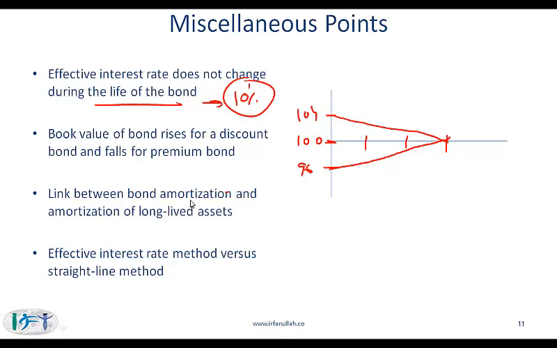There is actually a similarity. What is the similarity? A lot of people don't think about it, but I will help you through this. What do you do when you amortize or you depreciate? You have an asset, for example. Let's take a very simple example. Initial value of the asset is, say, 100, and you expect that after 9 years, the value of the asset will be down to 10.